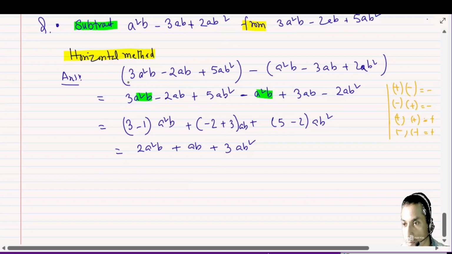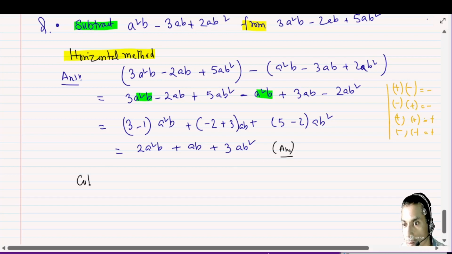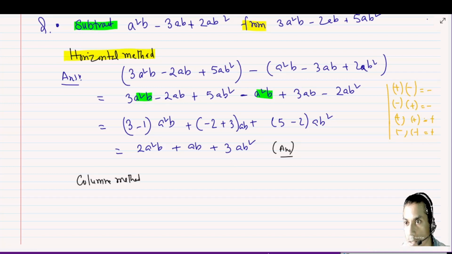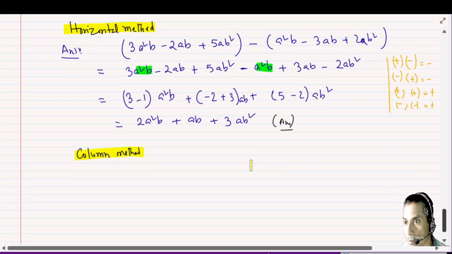So the same result we can get from the column method also. Column method. Clear? Column method. Okay. So as per the addition, we arrange the algebraic expression as per the like terms. Already I just told you during the addition.